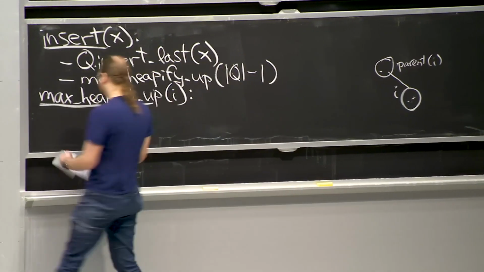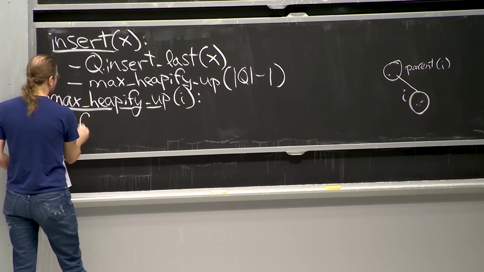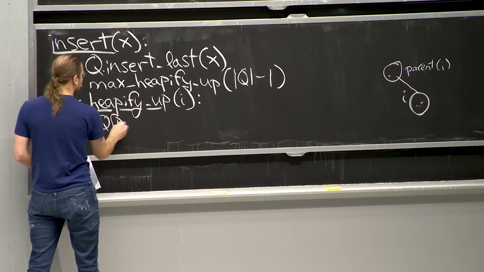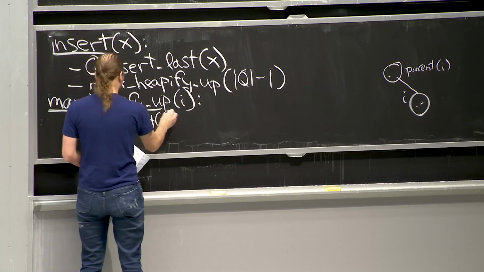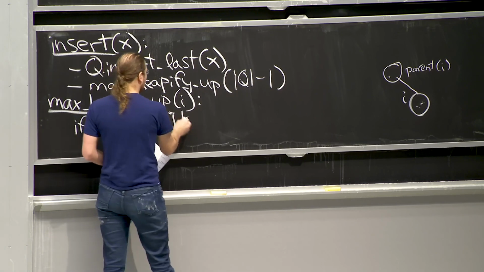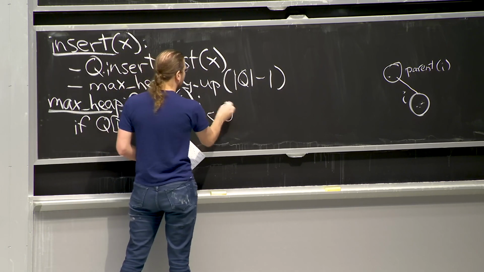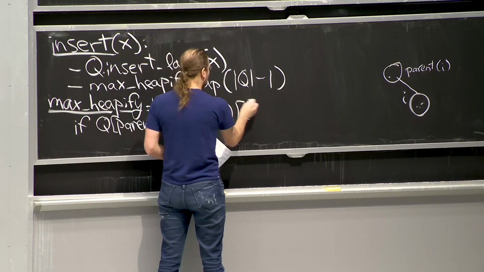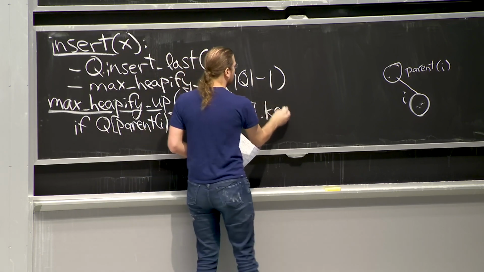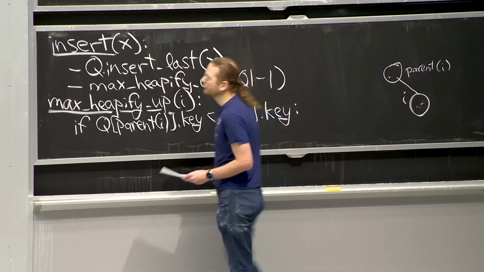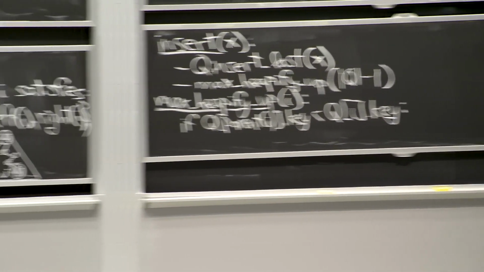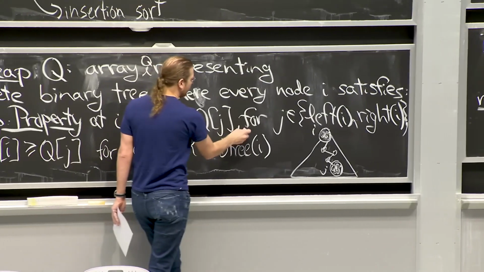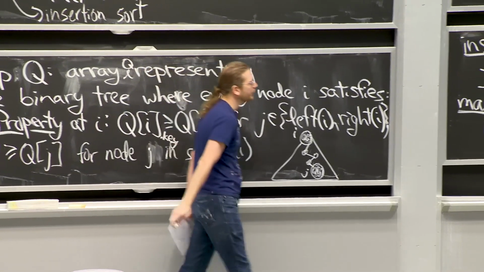So if the item in the parent, its key, is less than I's key. I see I forgot to write key in all these spots. This should be .key and .key. Q of I is an item.